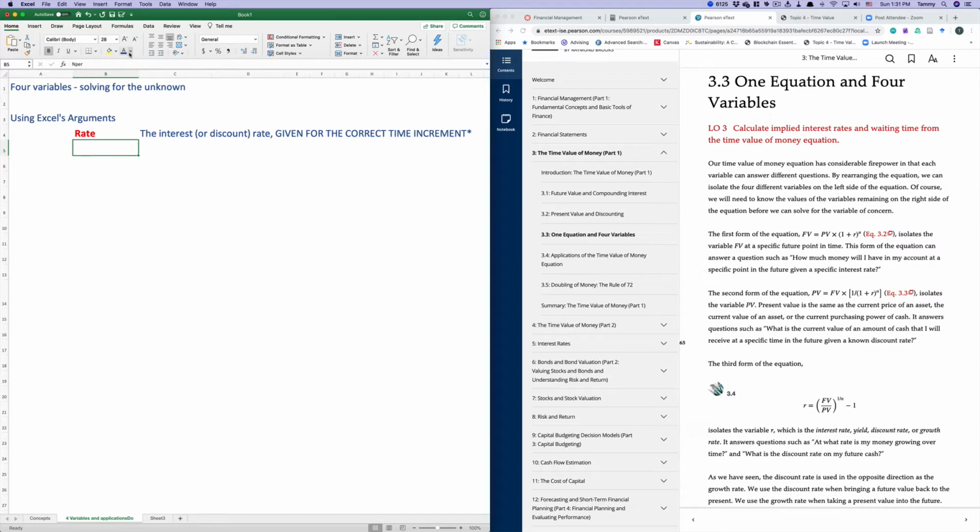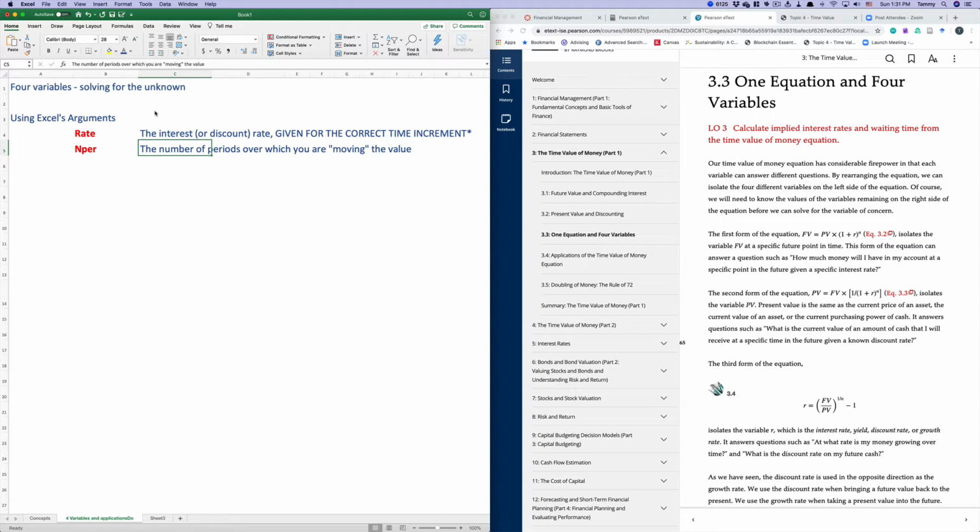Likewise, your number of periods is the next argument that Excel is going to ask for, and that's the number of periods over which you are moving the value, either bringing it forward or backward in time. So again, usually we think of this in years, at least the way that we've been describing these concepts.